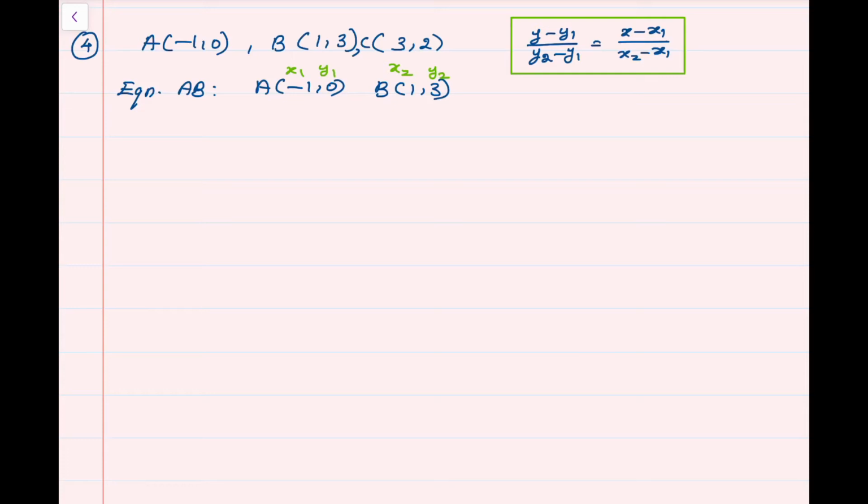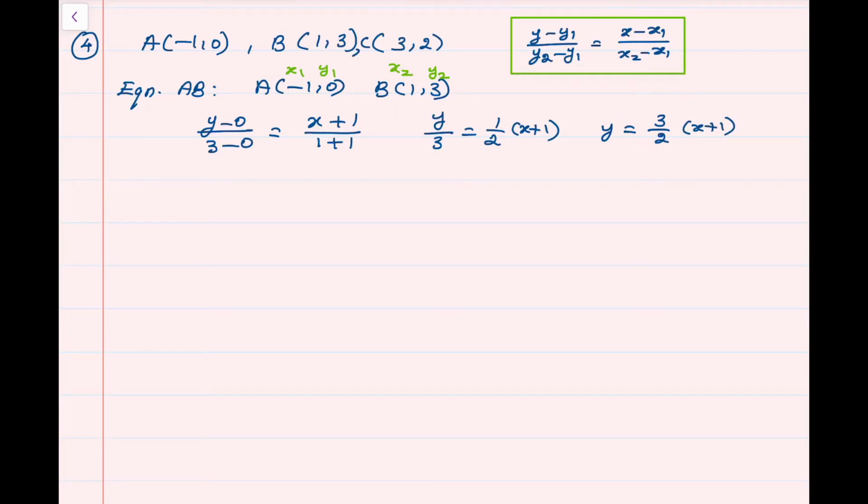Y minus y1 divided by y2 minus y1 is equal to x minus of minus 1, so plus 1, divided by 1 plus 1. Y divided by 3 is half into x plus 1. Therefore, y is 3 by 2 times x plus 1. This is the equation of AB.